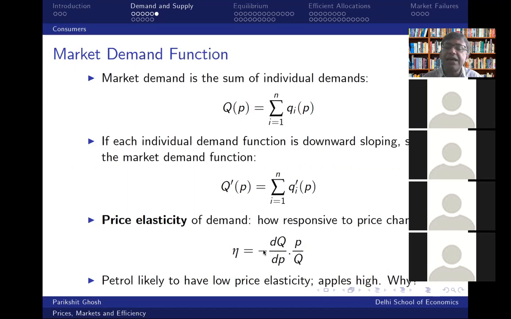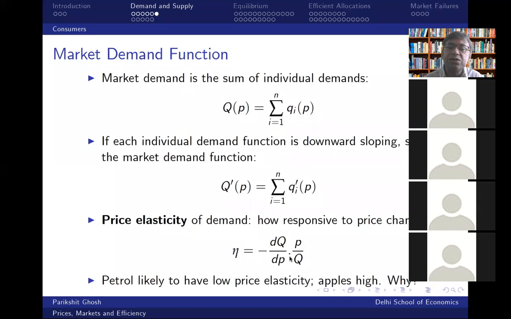We have put a negative sign here because due to the law of demand, one of these two things will be negative and the other positive, right? If there's a price increase, quantity will decrease and vice versa. So in order to not report negative numbers, we can put a minus sign in the definition itself so that the final calculation will come out to be positive. Okay, so if we have a low value of this elasticity, what does that mean?